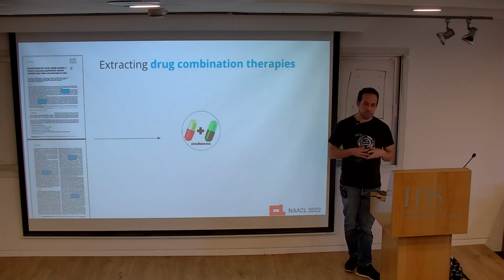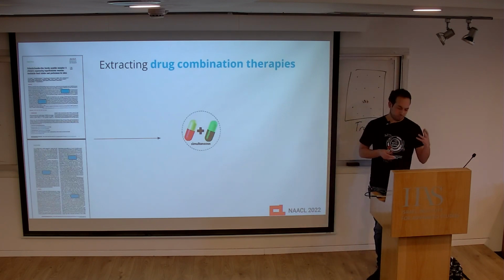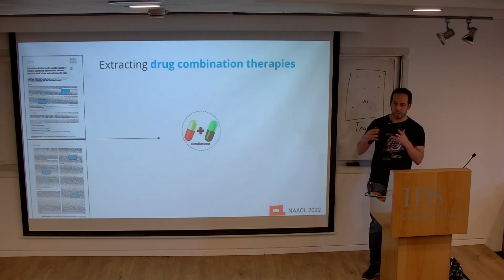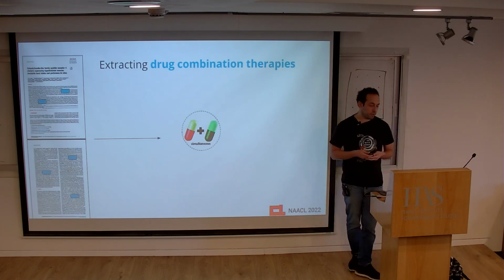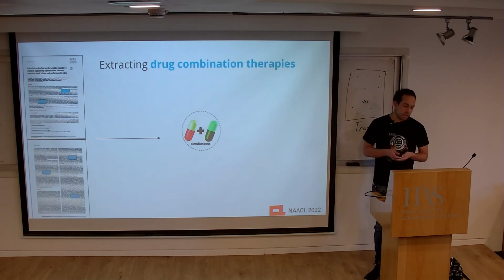But the problem is that, first of all, it's a combinatorial explosion of all the potential drugs you could think of, and a lot of these combinations keep emerging, and new combinations are studied in the literature, and we need to be able to keep track of all this knowledge so we can help clinicians keep track of the latest, best evidence. So we built an approach and a system and models for extracting drug combinations.